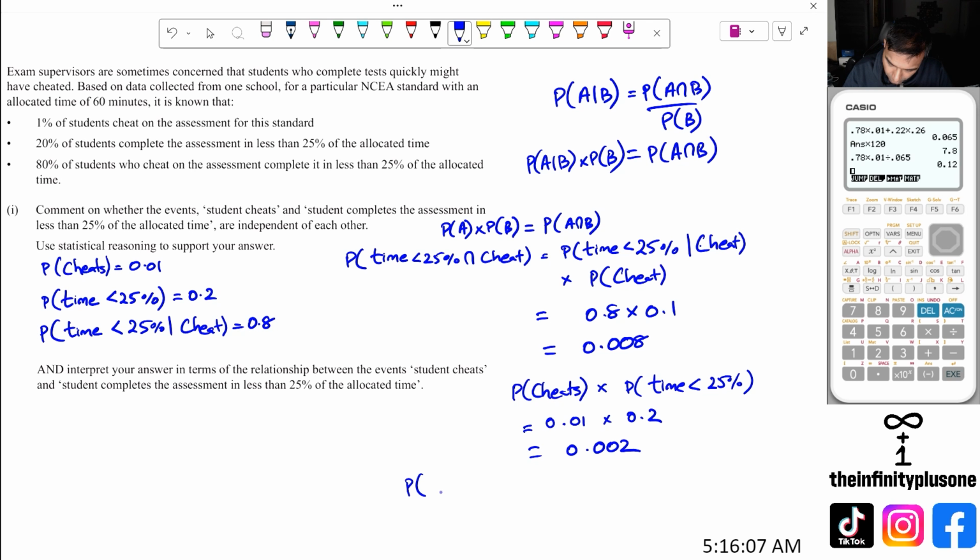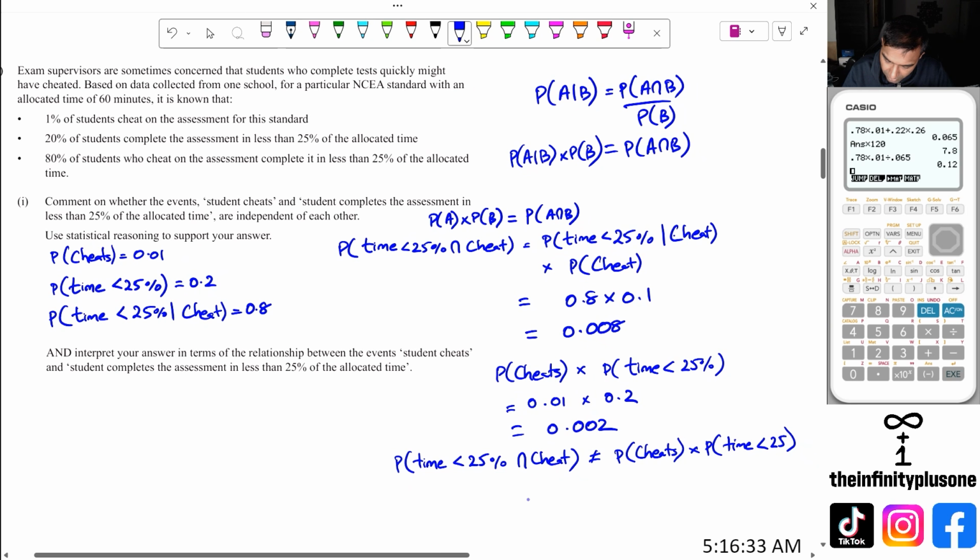So the probability of time less than 25% intersected with cheats is not equal to the probability of cheats times the probability of time less than 25%. All right, because on one end you've got 0.008, which is not equal to 0.002. Therefore, we can say that this is not independent.